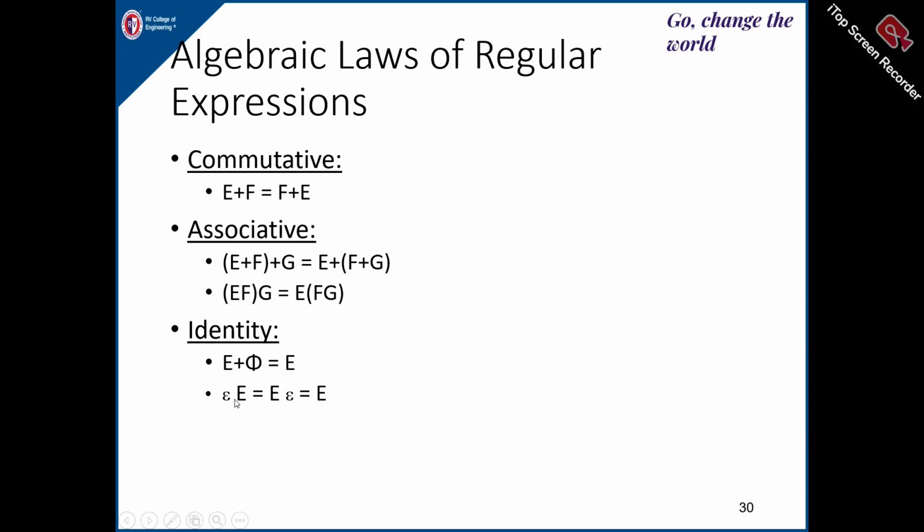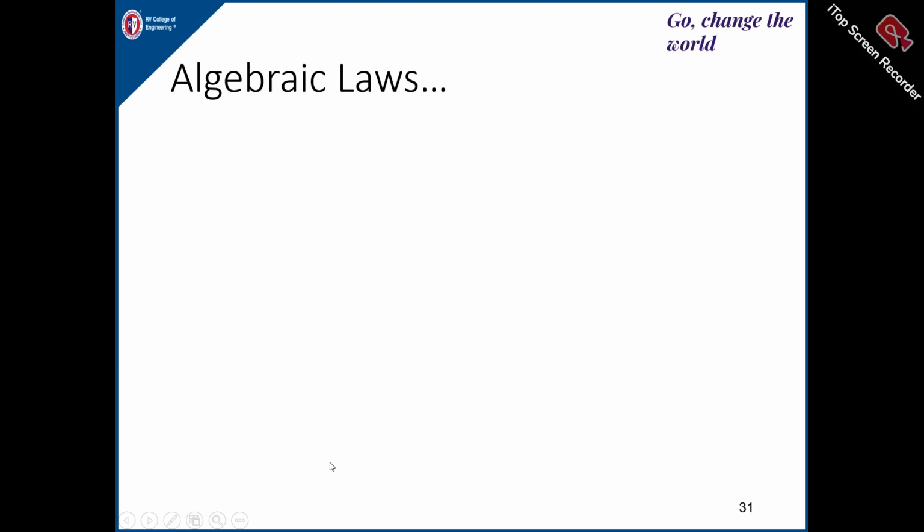So epsilon is the identity for concatenation and phi is the identity for union. Next is the annihilator. That means phi E is equal to E phi is equal to phi. If I concatenate E with phi or phi with E, I get phi itself. So we call phi an annihilator.